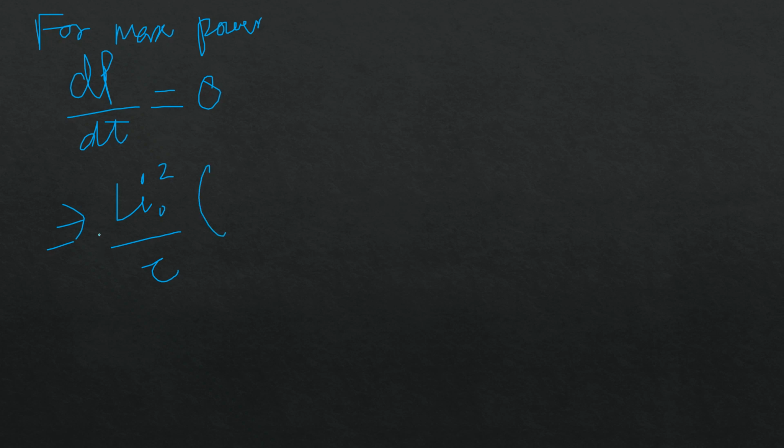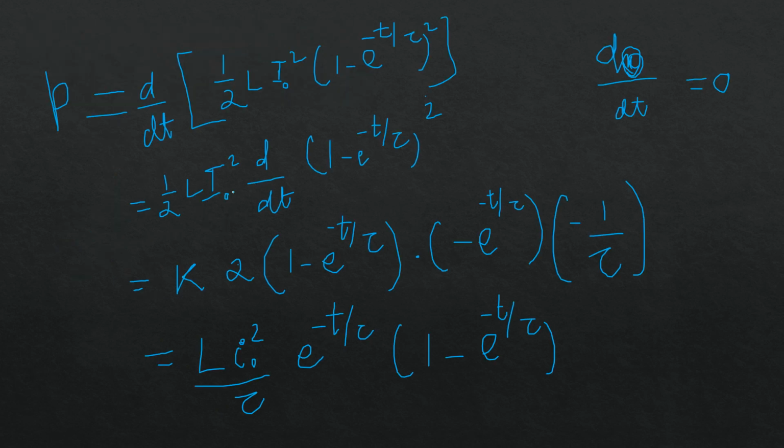This is d by dt of L I naught square by tau. What was P? Let me write another step here. L I naught square by tau, take it inside and multiply: e to the power minus t by tau minus e to the power minus 2t by tau.